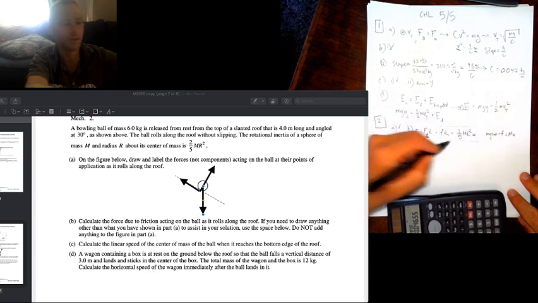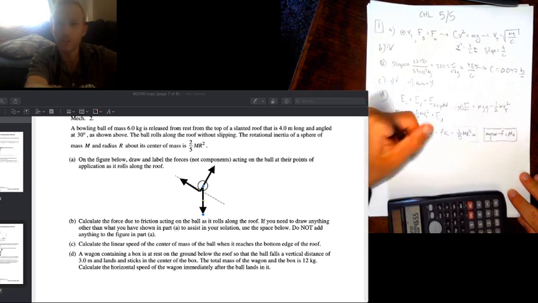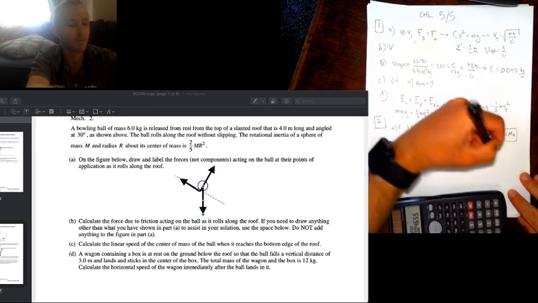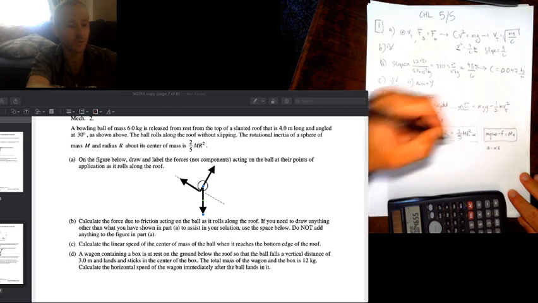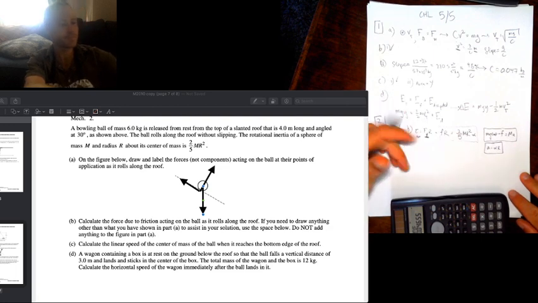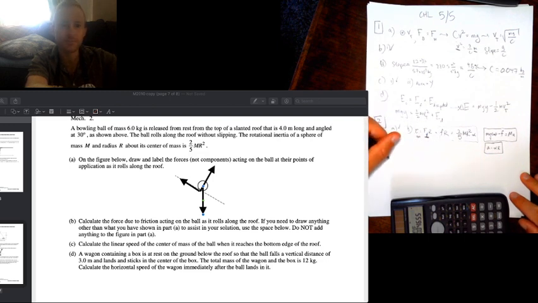This is the linear form of Newton's second law. And then I also have geometry, which says that a equals alpha R. So that relates the rolling with the translating. So I'm trying to solve for F.